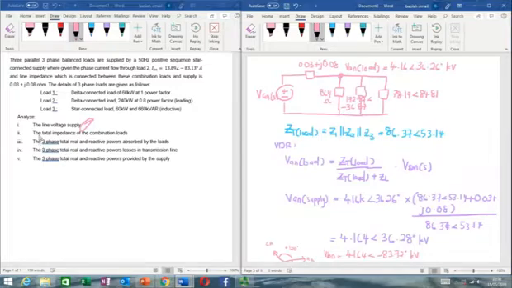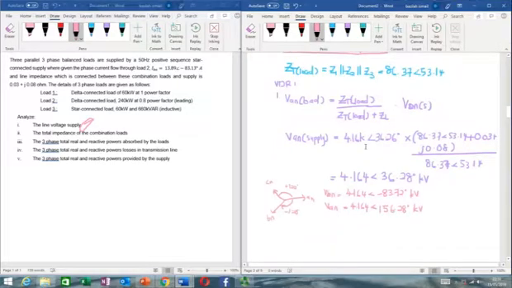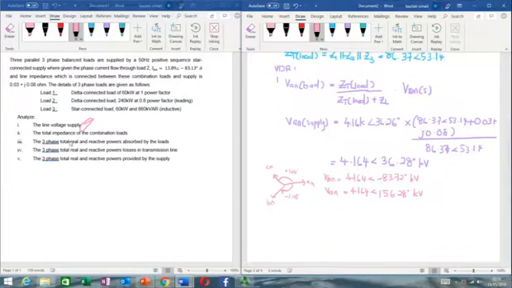If the question asks to calculate the total impedance, you have to include the line as well. If it says combination loads, it means only the load. Alright, next, calculate the three-phase total real and reactive power absorbed by the loads.